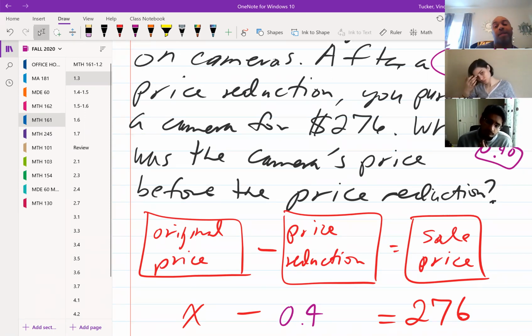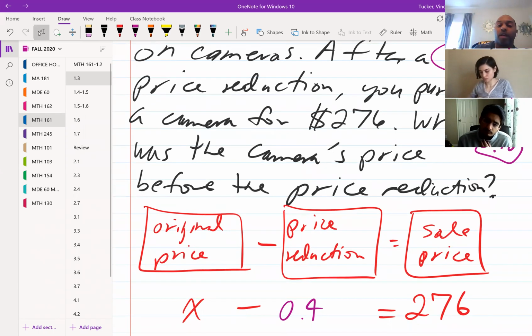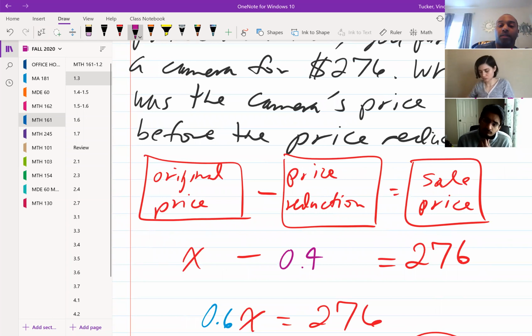A lot of times people make that mistake, wherein 276 did not exist until the price reduction occurred. So what you're going to do is take 40% of the original price, and the original price is X. All right, so that's how you would set up this type of problem. You have your original price, which is X. Price reduction is the percentage converted to a decimal times X, and then that's going to be equal to your sale price.